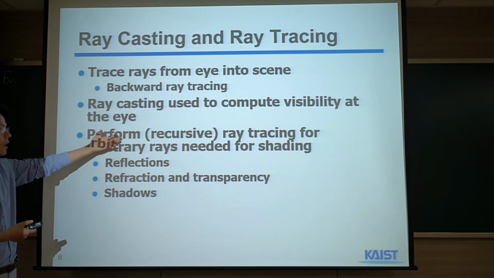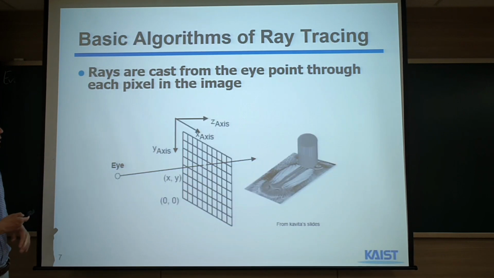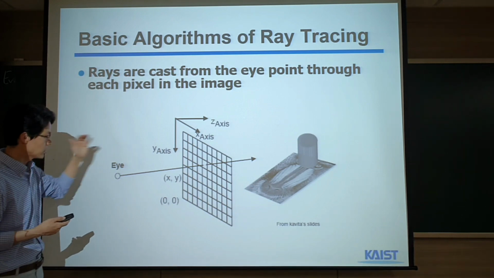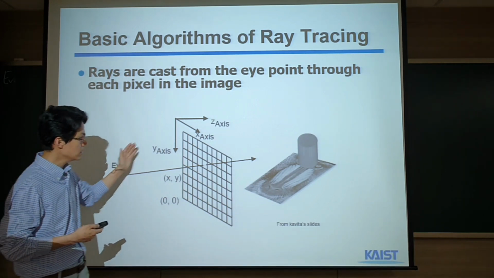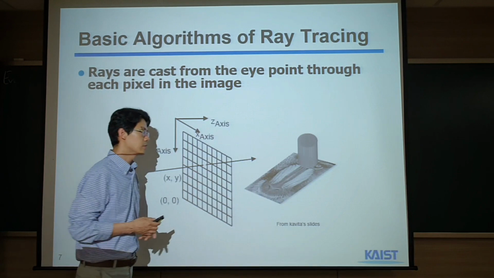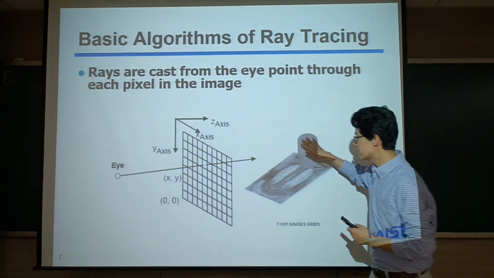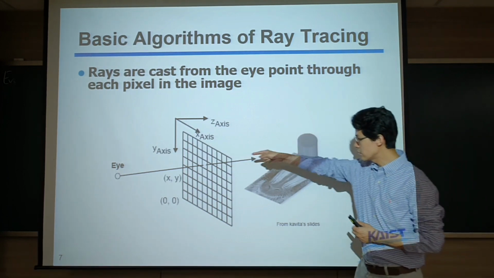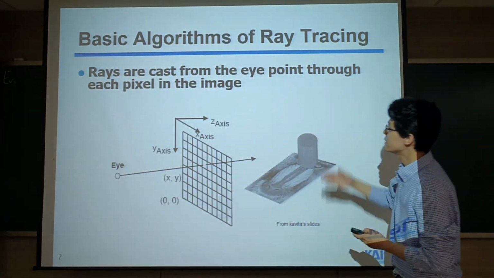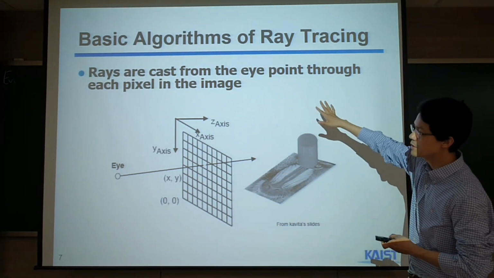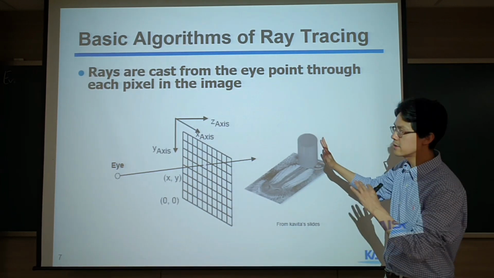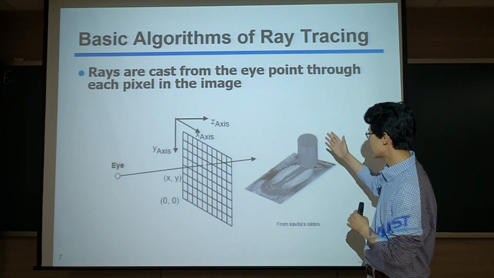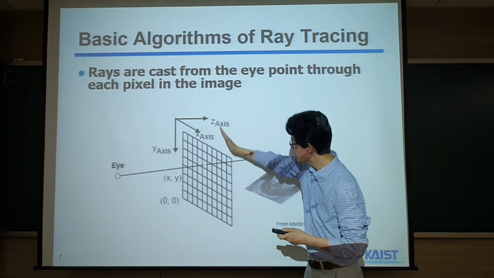We can generate rays for supporting this kind of effect. So here I show the basic algorithm of ray tracing, generating the primary ray from the eye to the scene. If there's an intersection between the ray and the 3D model, we transfer the color at the intersection point to that pixel. This is a primary ray. As you can see, this is conceptually the same as the rasterization process, projecting this triangle on top of the image space.